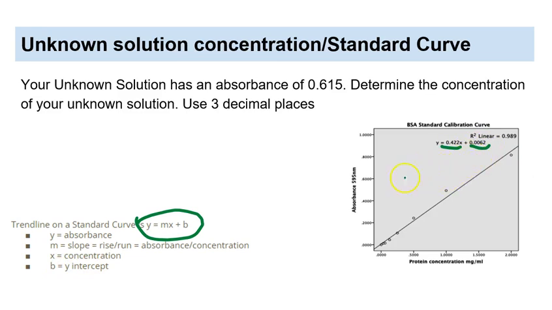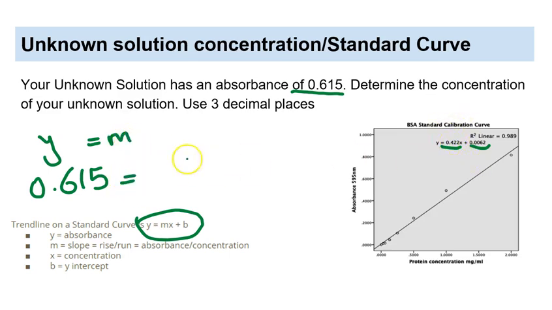So then we have to put all of the numbers in this equation. So again, y is the absorbance of our unknown solution. In this case, we have the absorbance of our unknown solution as this number. So we are going to put here 0.615 equals m, which is given here, 0.422, multiplied by x.